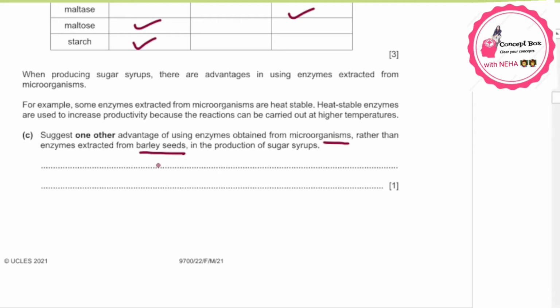First advantage is that they are easy to culture, and it takes very less time. In very less time you get a maximum amount of microorganisms. They are easy to culture, and they produce multiple copies.